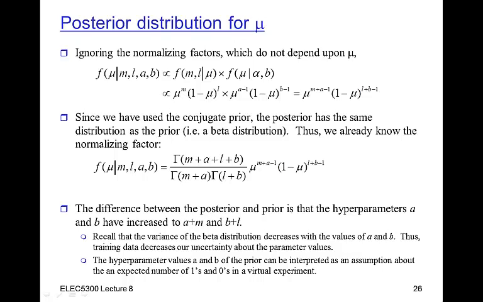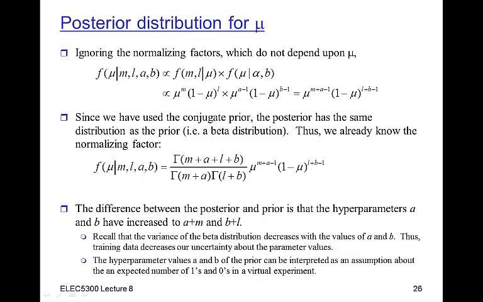And so the hyperparameters a and b in the prior can be interpreted as some kind of assumption about the expected number of ones and zeros in a virtual experiment, right? This gives us some indication of how many ones and zeros I might have, because if I actually observe ones, then I add it to a, and if I actually observe zeros, I add the number of zeros to b.